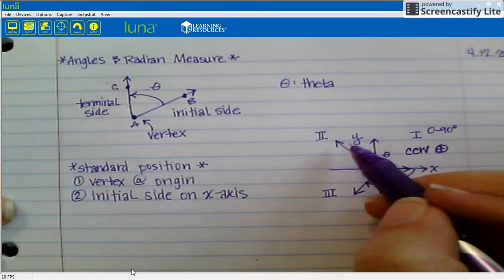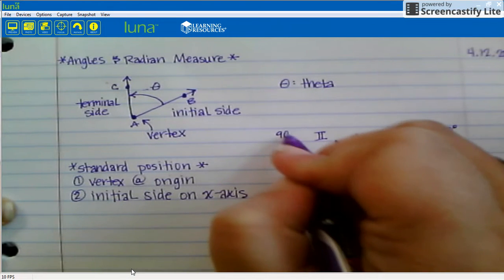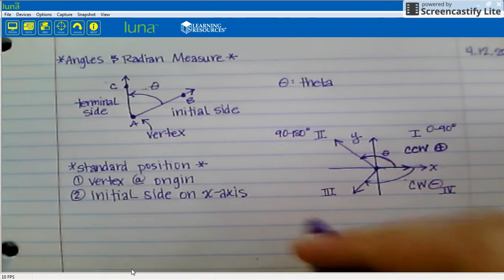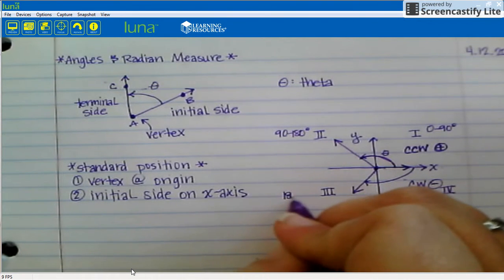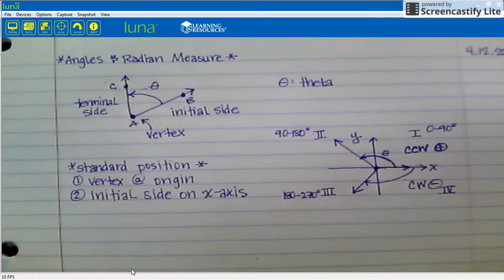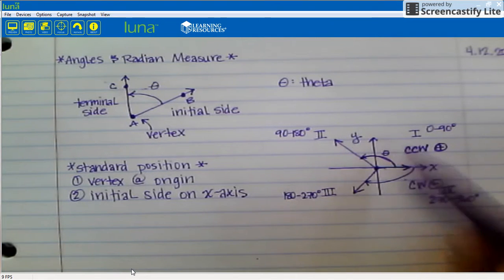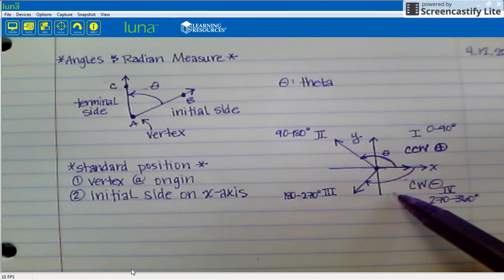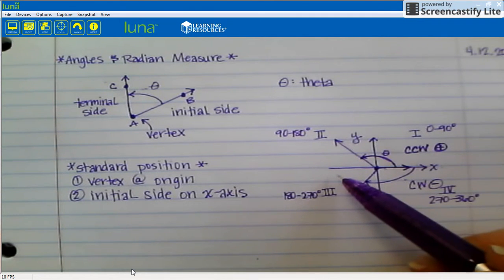If you're in quadrant 2, then you are positive 90 to 180 degrees. If you're in quadrant 3, then you are positive 180 to 270 degrees. And if you're in quadrant 4, then you are positive 270 to 360 degrees. Now, all of these will take on a negative value if you're moving in the negative direction. So quadrant 4 would be negative 0 to negative 90. And quadrant 3 would be negative 90 to negative 180.